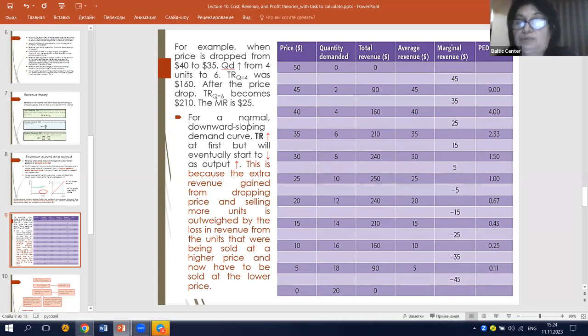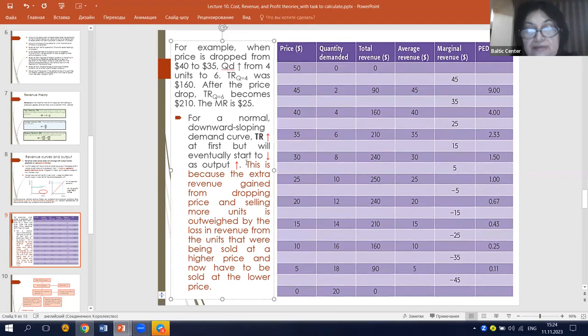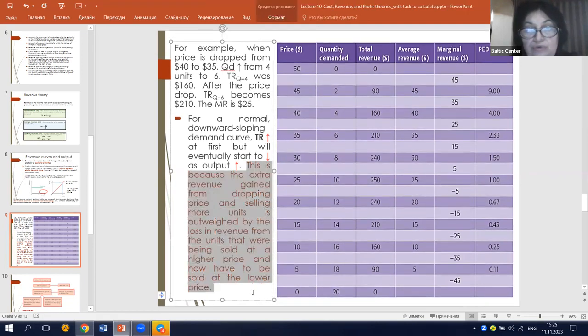This is because the extra revenue gained from the dropping price and selling more units is outweighed by the loss in revenue from the units that were being sold at a higher price and now have to be sold at a lower price. Вот я здесь специально вам красным пометила причину этого. Почитайте, почему это произошло, да? Okay?